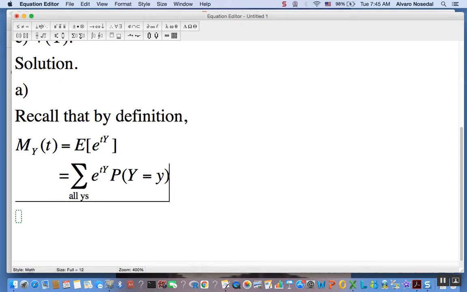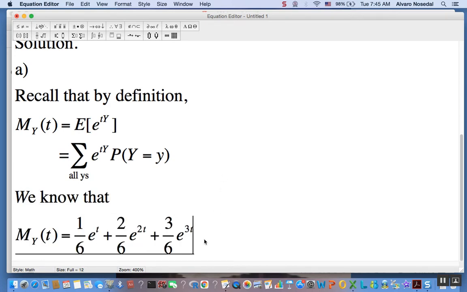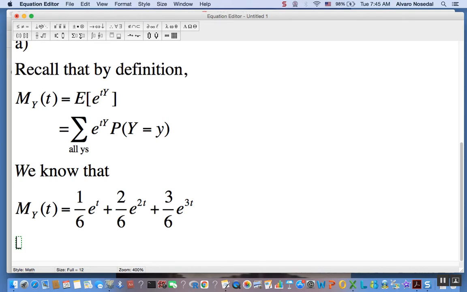We're given that in this particular case that's our MGF, and let's re-express it.